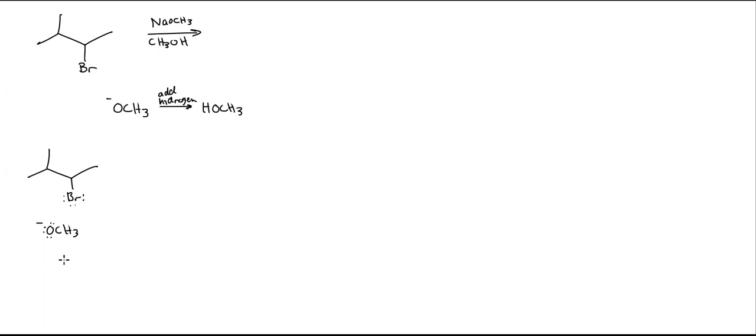So then the question is, where do I take the hydrogen from? There's a lot of hydrogens in this molecule right here, right? So where does that hydrogen come from? Well, that's really the crux of the question, right? The only places that I can take a hydrogen from are from carbons adjacent to the carbon that's connected to the halogen. So this carbon right here that my cursor is over is connected to the halogen, right? So this carbon has the bromine on it.